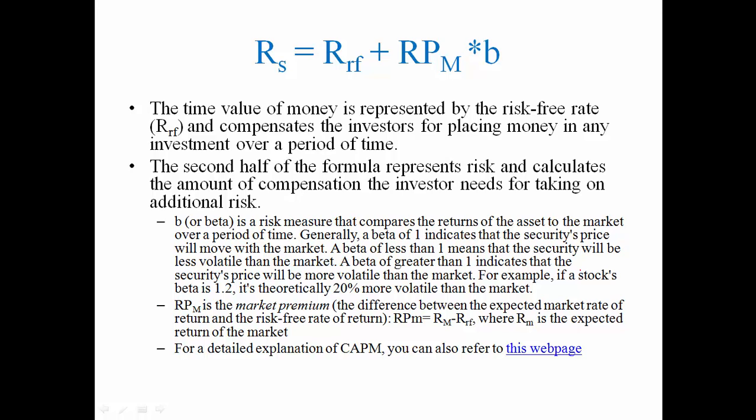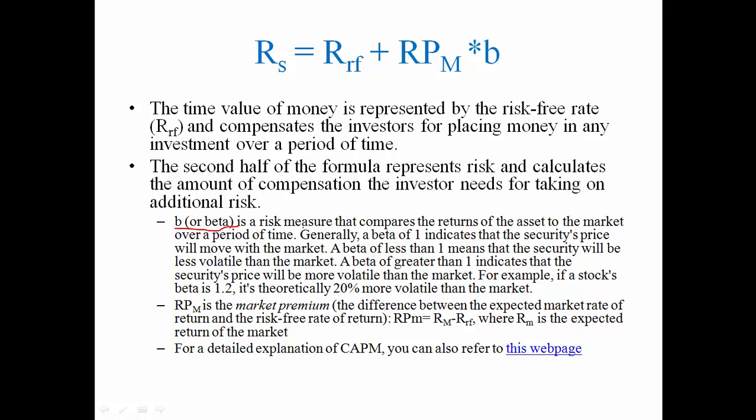The second half of the formula represents risk and calculates the amount of compensation the investors need for taking on additional risk. Beta is a risk measure that compares the return of the asset to the market over a period of time. Generally, a beta of 1 indicates that the security's price would move with the market. A beta of less than 1 means that the security will be less volatile than the market.